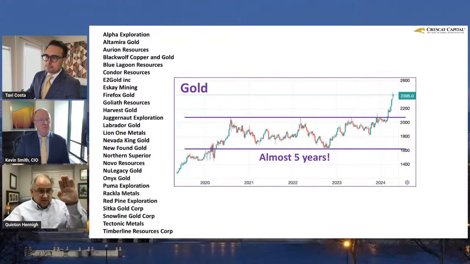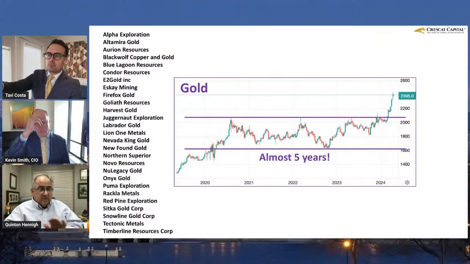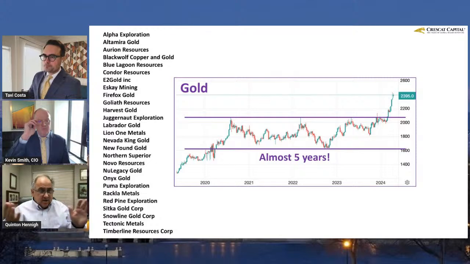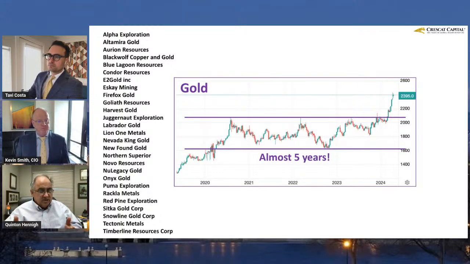But this is a pretty thorough list of the companies in the gold space that we own. I'm not going to talk about each one. I'm just putting it up there because a lot of people ask from time to time, what happened about this story? What happened about that story? Well, each one of these stories is simply in a different space. Some are low on funds and are in a hibernation mode.